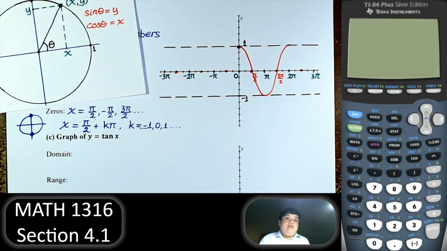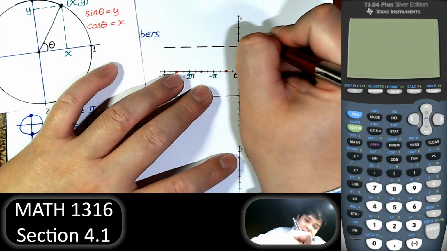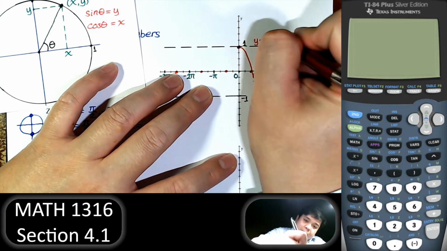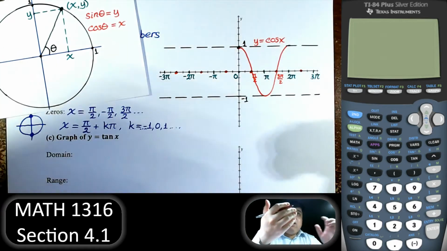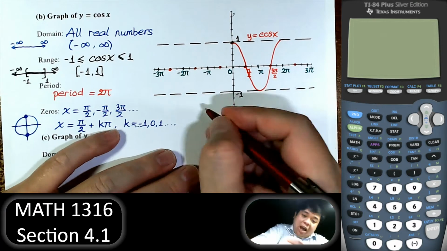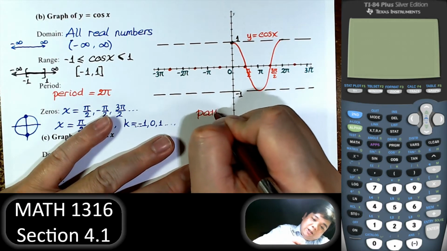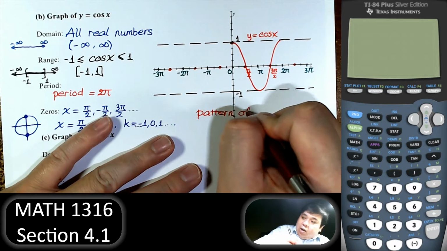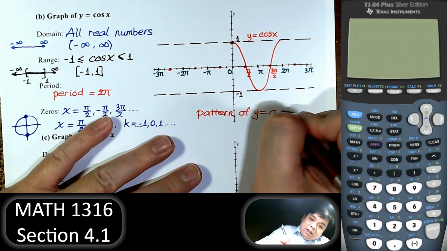So if we want to graph y equals cosine of x, what we graph is one period, the pattern of y equals cosine x.